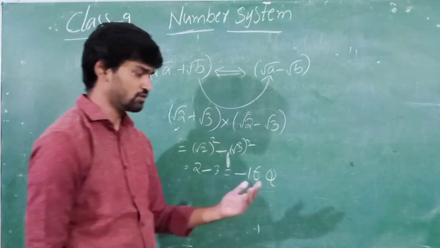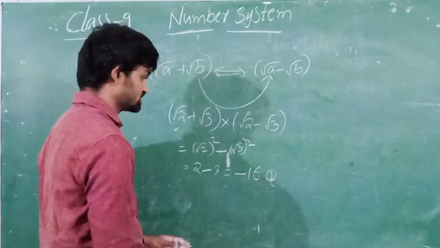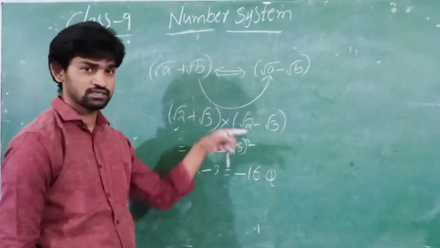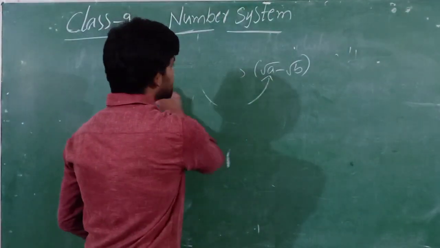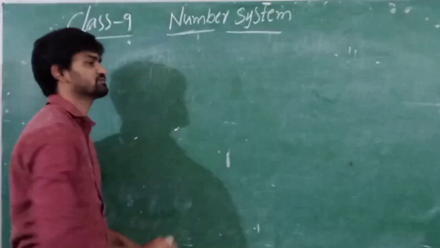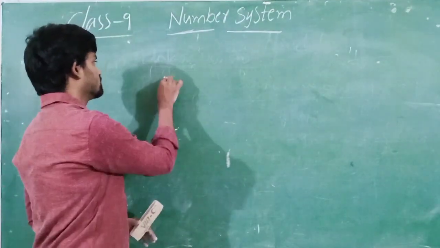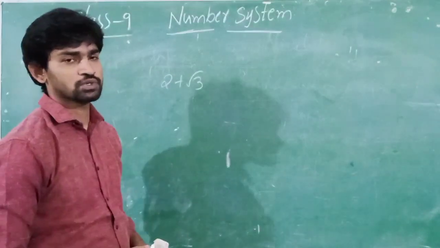Next, conjugate. We have conjugate also. Conjugate is different from rationalizing factor. We will see what is conjugate. Just now we have discussed rationalizing factor. Now I will say conjugate. It is similar to rationalizing factor, but conjugate is different. I have 2 plus root 3.